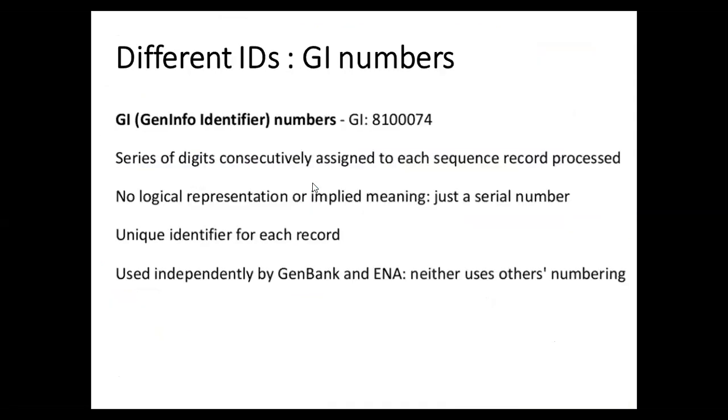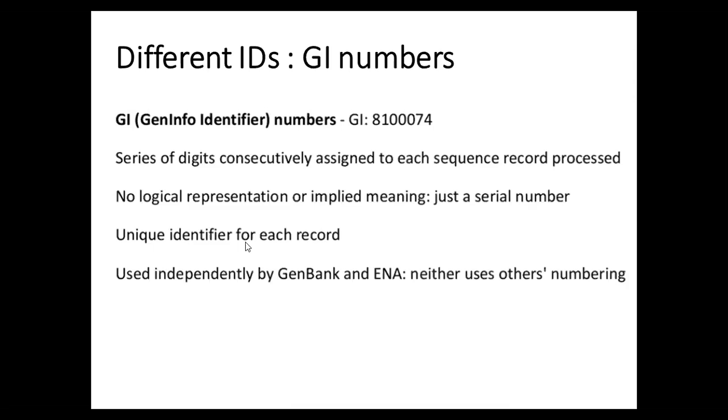The GI number is a series of digits consecutively assigned to each sequence record. There's no logical representation or implied meaning, just a serial number. Whatever the uploaded sequence is, that's an auto-generated serial number. However, it's unique for each and every record.